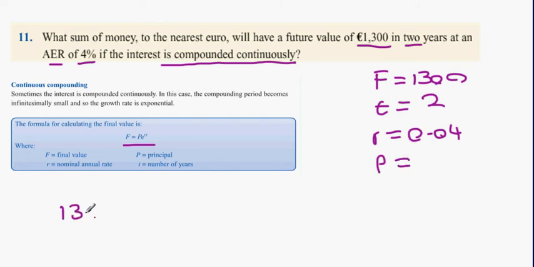So what we get is 1,300 equals P e to the RT. Now RT is R multiplied by T, which is 2 times 0.04, which is 0.08.